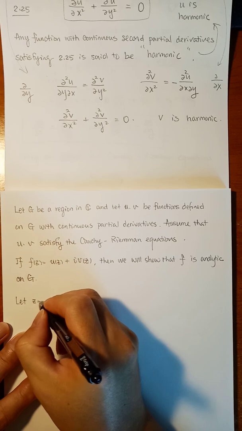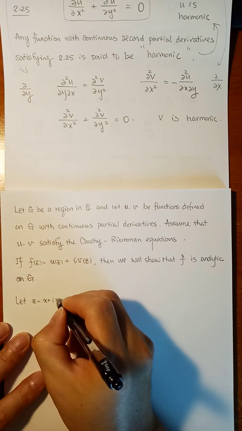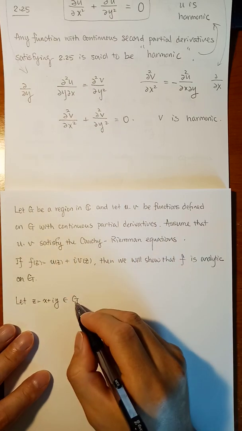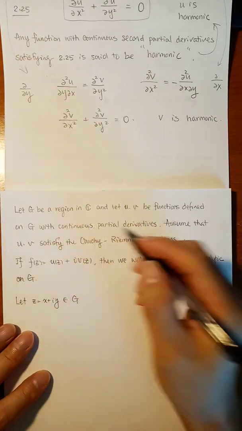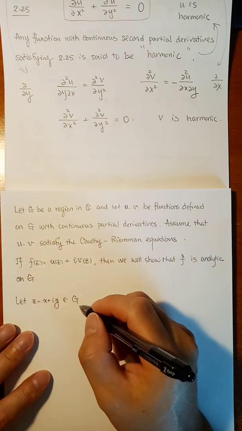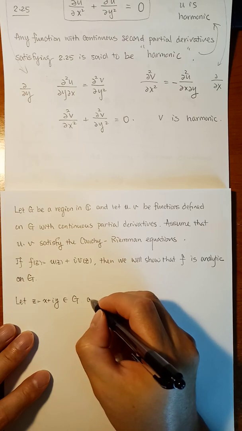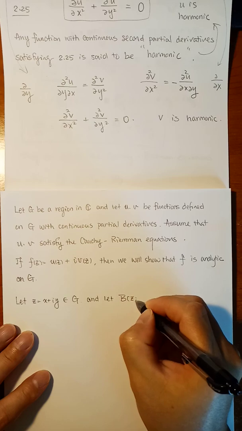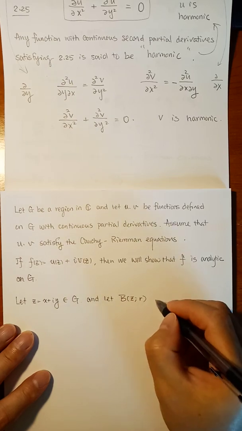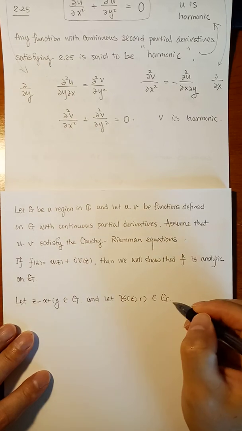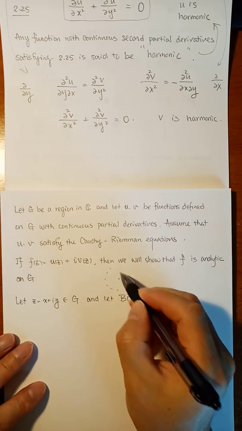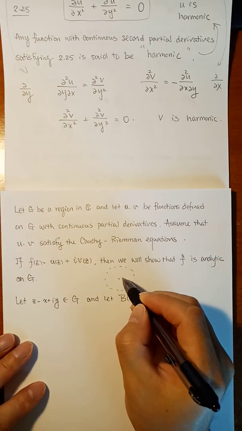So let z be x plus iy in G. Because G is a region, open and connected, this z is an interior point. So there's a disk centered at z with radius r contained in G. This is z, this is r.